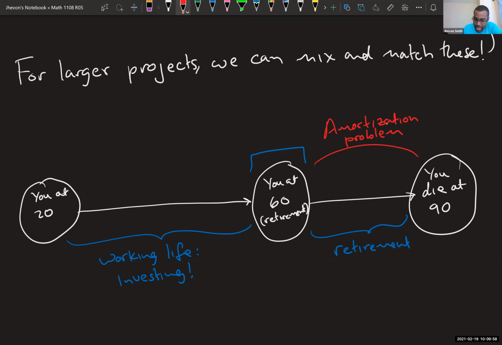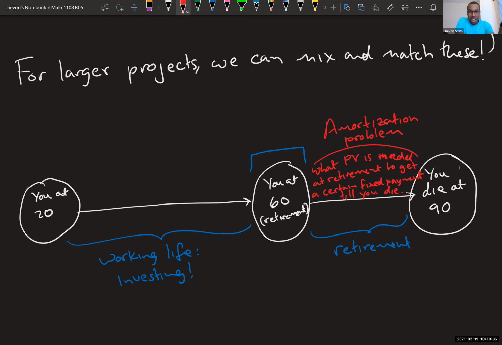So this is: what PV is needed at retirement to get a certain fixed payment till you die, right?